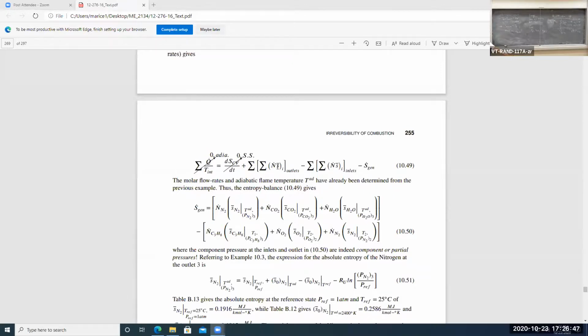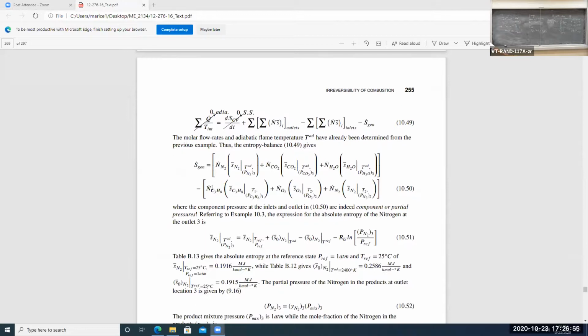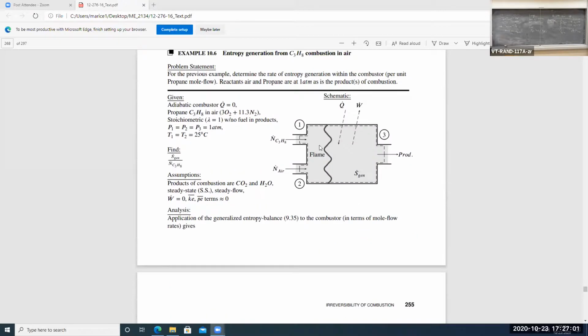So here's the entropy balance. Notice the entropy balance is written in terms of n dots. Solving for S dot gen, so it's insulated, the inlet temperature is approximately equal to the reference temperature. The outlet temperature is going to be the adiabatic flame temperature.